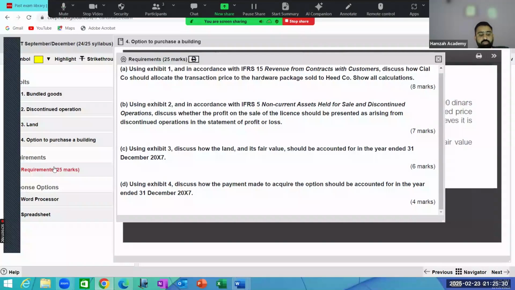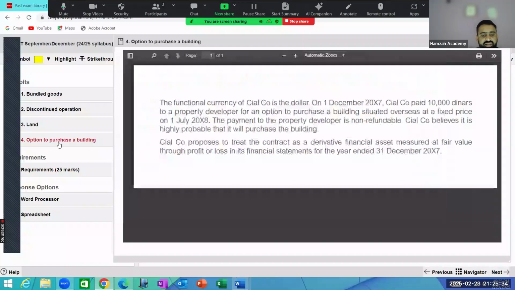The payment to acquire an option. Now, what is the exhibit saying to us? Let's read it. The functional currency of C is the dollar. On 1st December X7, C paid 10,000 dinar to a property developer for an option to purchase a building.